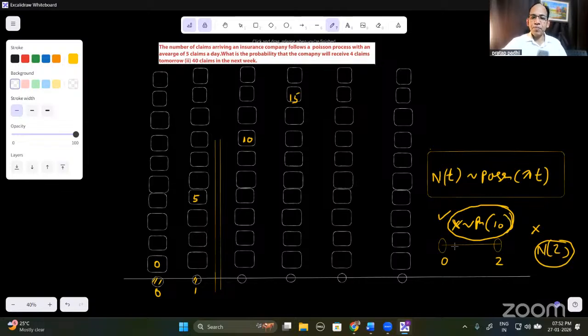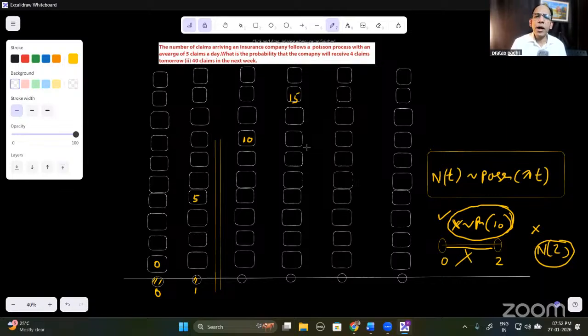That means 2 days, forget about this. 2 days is already fixed. Nobody will talk about 2 days. Only the question will be: X follows a Poisson distribution with mean 10. I'm saying 2 days because I derived it from here. Forget about 2 days. We are not talking about time only.